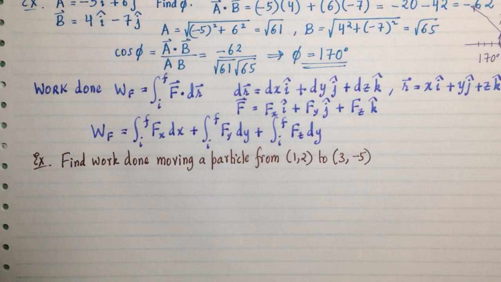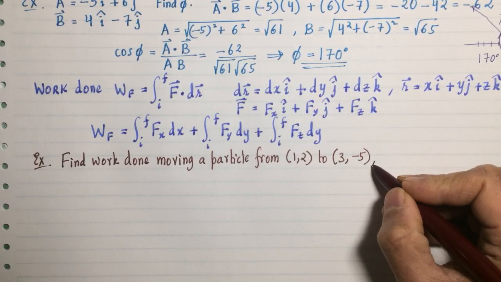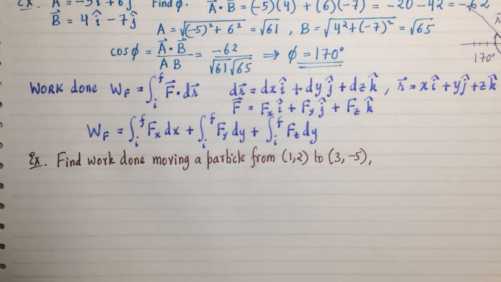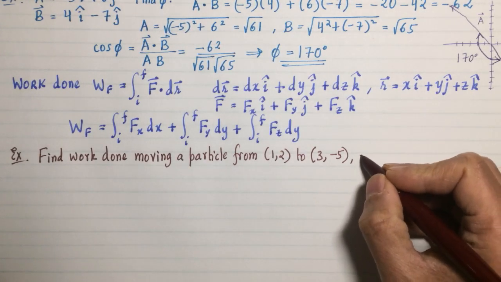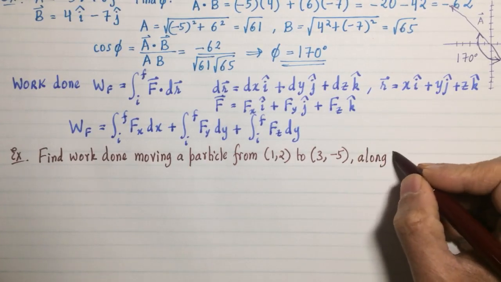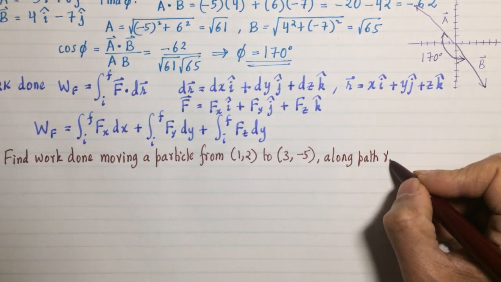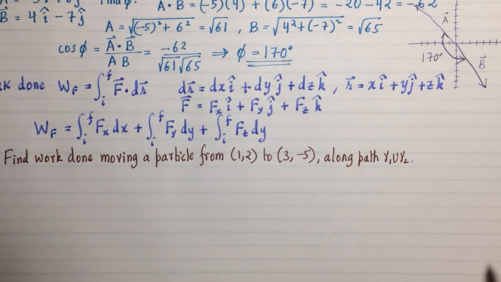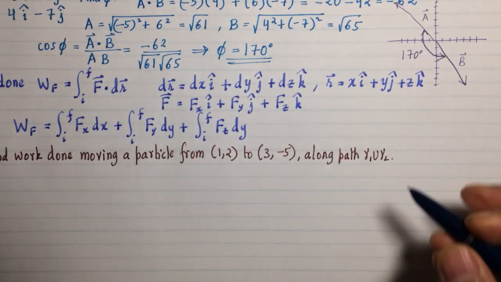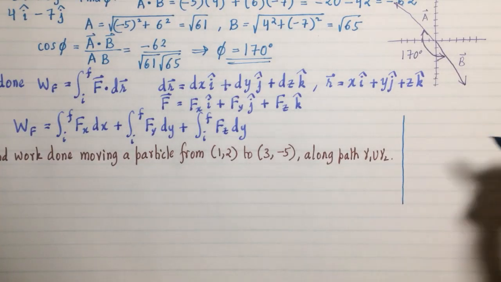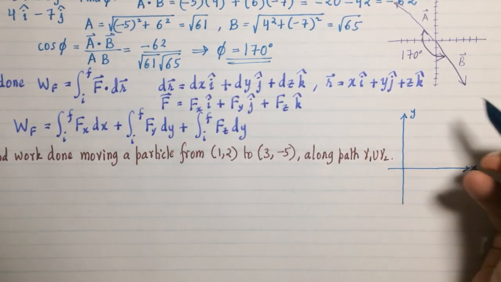Now one of the important things about the work done is you have to also specify the path in general. Later on in the course we'll find out situations where you don't have to specify the path, but right now you may have to, along the path gamma 1 union gamma 2. And the path that I'm going to choose is this one, drawing here. x and y.